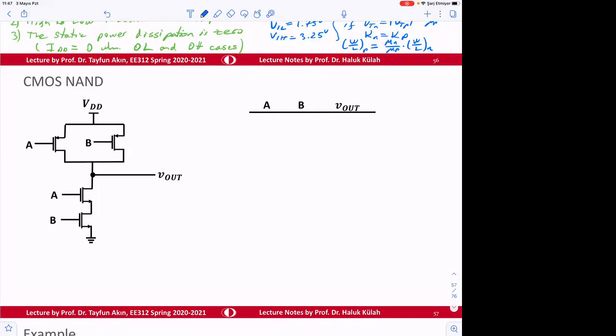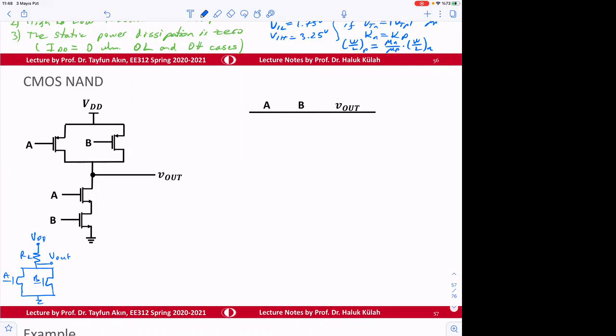So we need to implement the complement of each transistor here. So if you remember, we talked about this for the previous cases, how to make a NAND gate. This was A, this was B, this was VDD, and this was V out. Okay, so this was our load. That was the case for previous circuits.